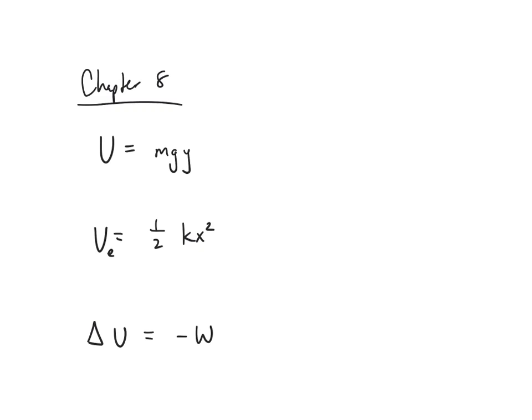But we said a moment ago that if you're lifting an object up, what kind of work is gravity doing? Gravity is doing negative work because it's pulling down. So that's what we're seeing right here: the potential energy gained by something is equal to the negative work done by gravity. So that's the concept of the theory behind this in this chapter. So that's really section 8.1.